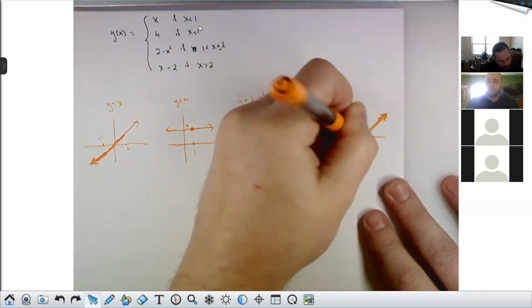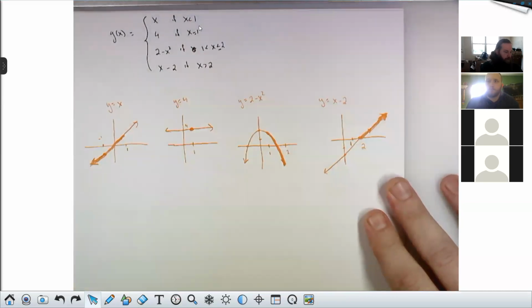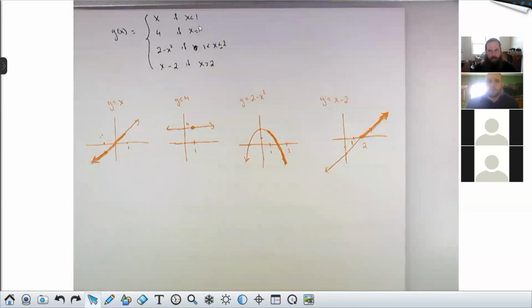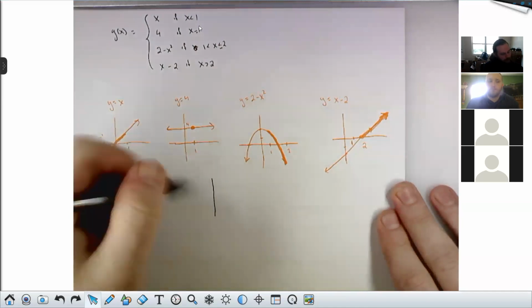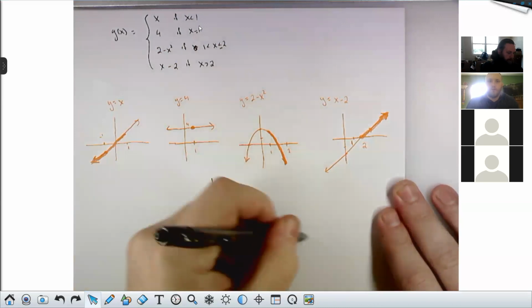This is 2, this is 1. All right, so I'm going to take the bold parts of these graphs and kind of glue them together into the graph of g of x. That's how we get these piecewise functions. So I'll give myself some space.